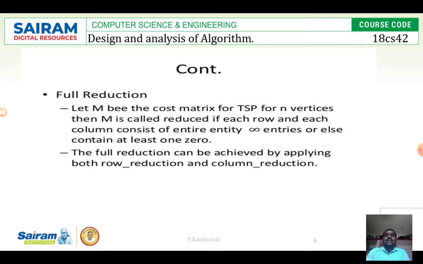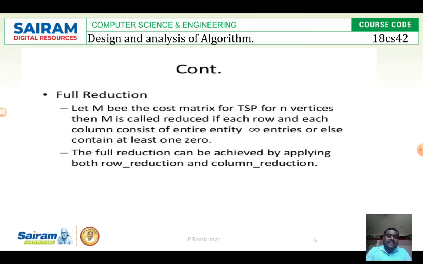Now full reduction. Let M be the cost matrix for the traveling salesman problem for n vertices. Then M is called reduced if each row and each column consists of entirely infinity entries, or else it contains at least one zero. Normally we represent the graph in terms of an adjacency matrix or adjacency list.